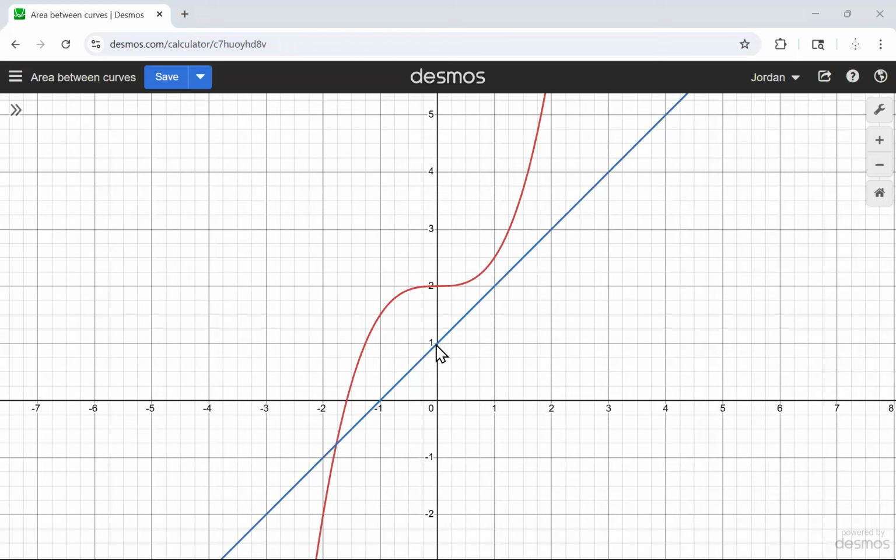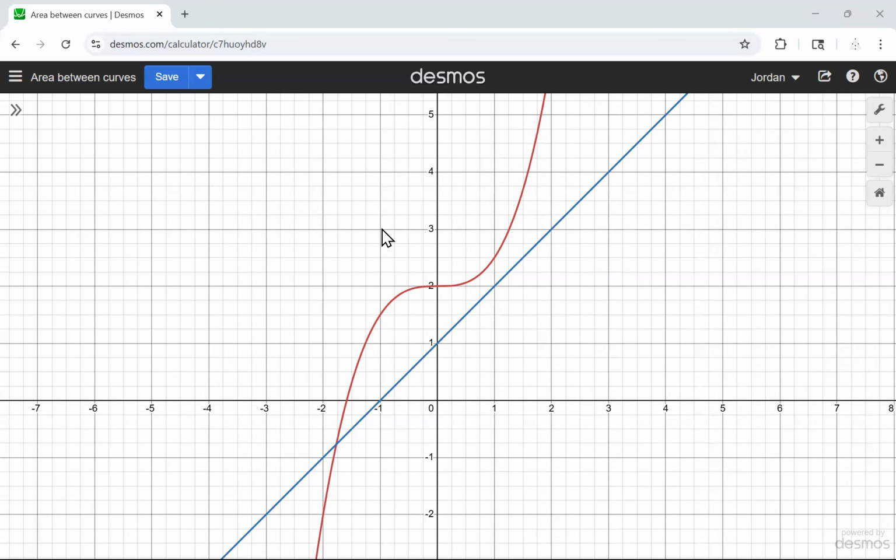You'll notice that between x values of 0 and 2, the cubic equation is above the linear equation. So this cubic, which is 1/2 x to the third plus 2, is above y equals x plus 1.